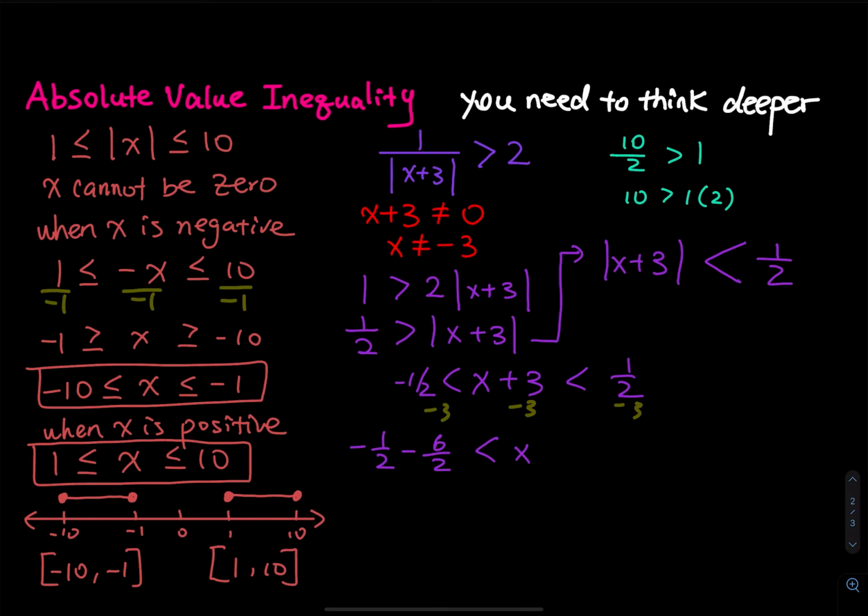Less than x, and then less than 1/2 minus 6 over 2. 6 over 2, not 3, 6 over 2. Okay, so this will be negative 7 over 2 less than x, and this is less than negative 5 over 2. Okay, so I am going to box this.